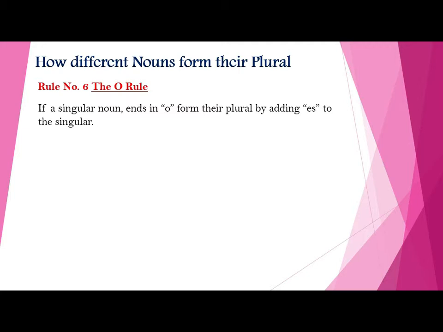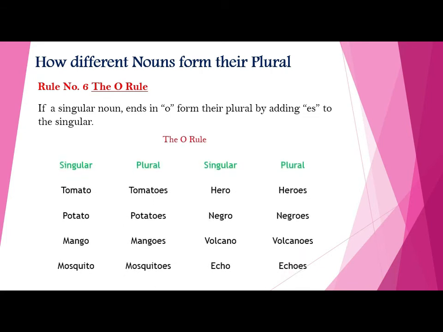According to this rule, if a noun ends in O, we make its plural by adding es to the noun. For example, this is an O rule.